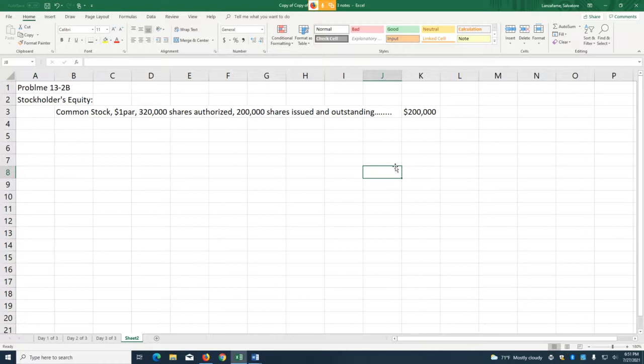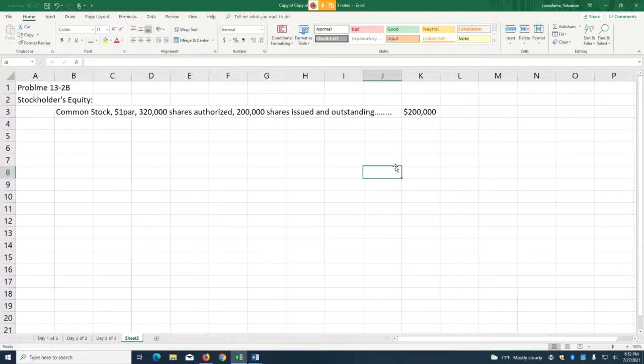Well, when a corporation first gets incorporated, whatever state they apply to, they had to get the rights to so many shares that they're allowed. So when they got their authorization to become a corporation, they were authorized to issue 320,000 shares. So far, they've issued 200,000 shares. So they still can issue more. They still have 120,000 to go before they max out.